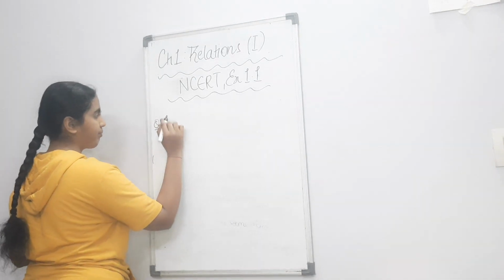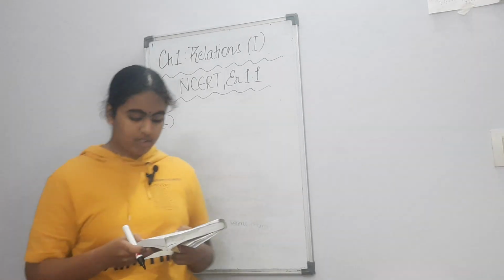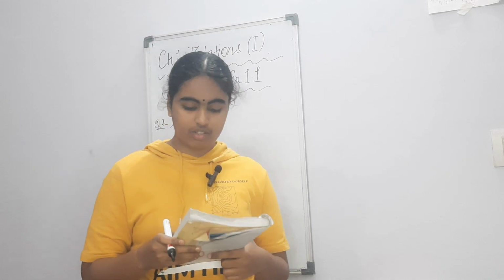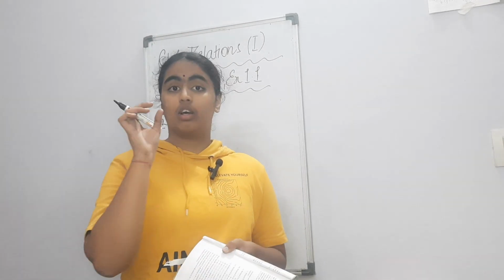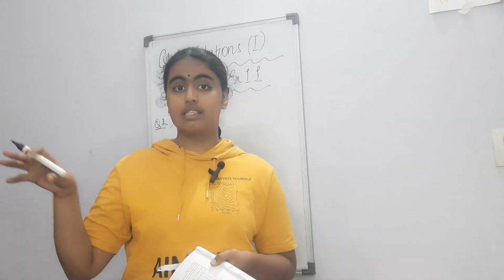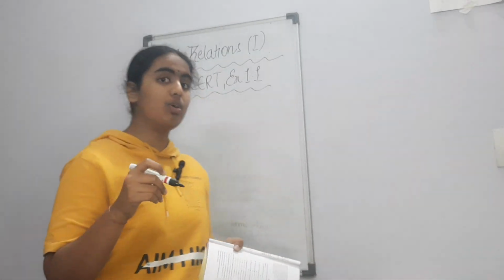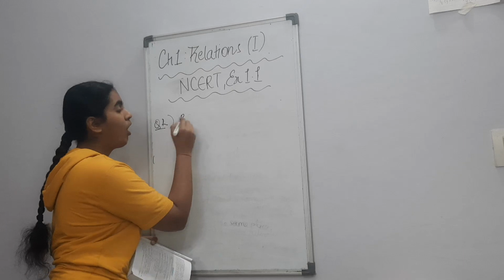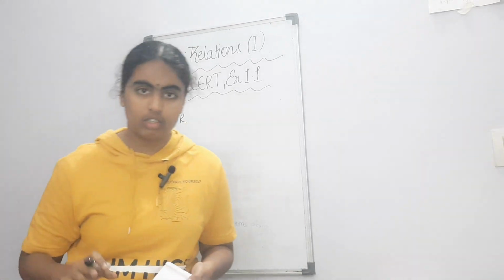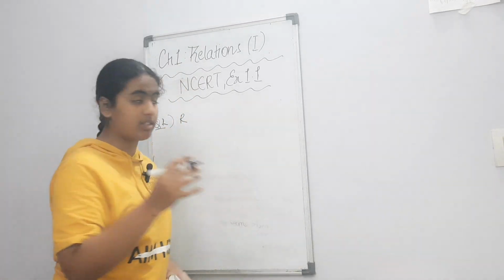Question number 2 states: show that the relation R in the set R of real numbers. Now R is a relation, and R is a set of real numbers, so do not get confused. Do not use them interchangeably.